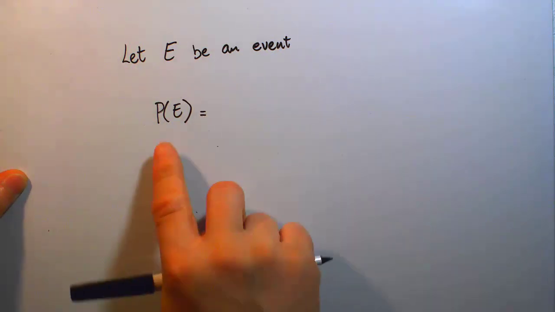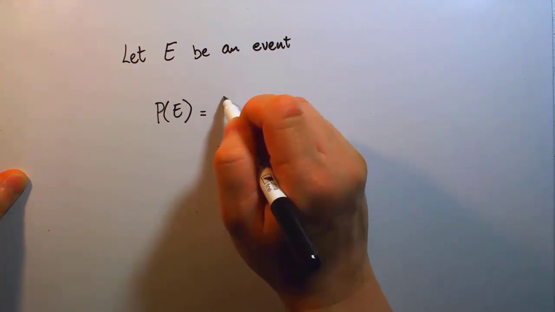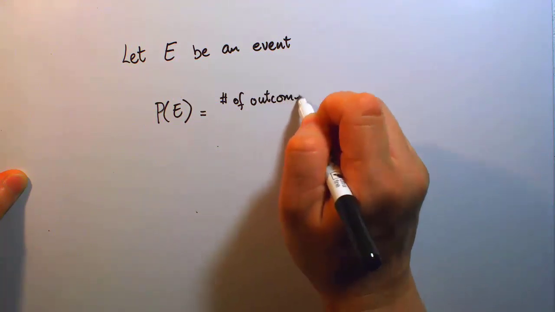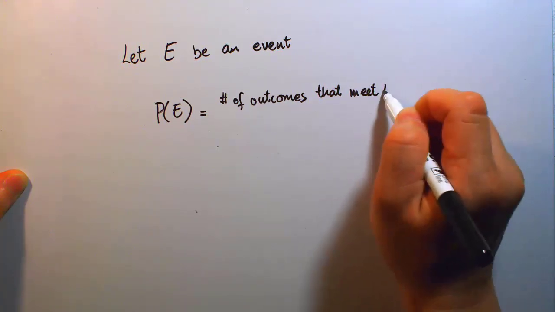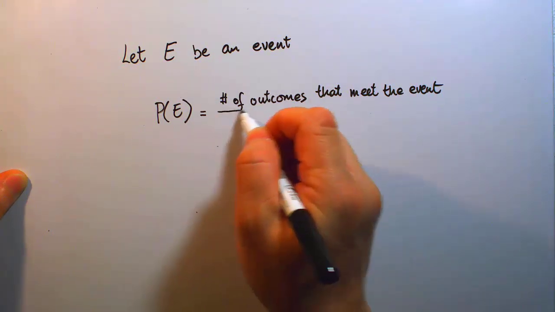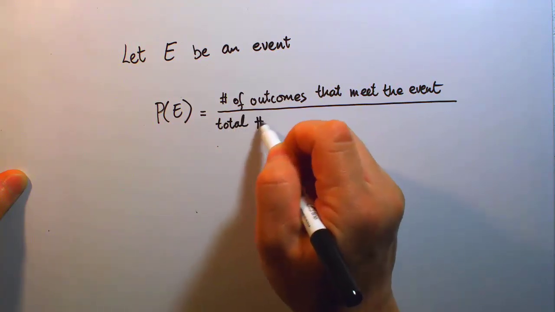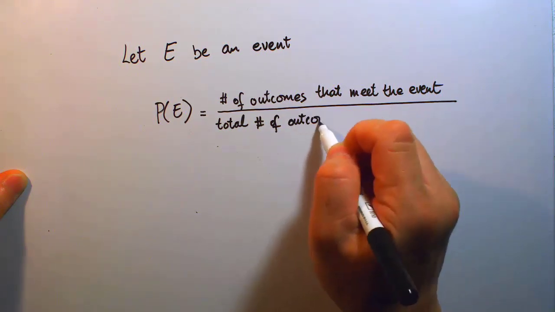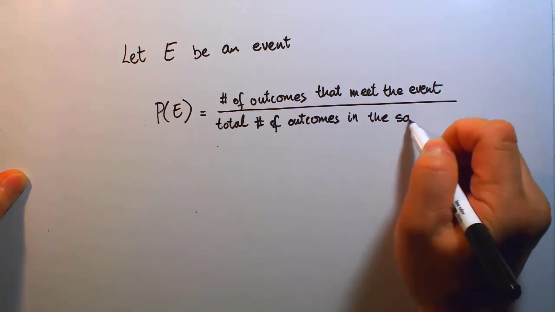So probability of any event is simply equal to the number of outcomes that meet the event, and we're putting that as a fraction over the total number of outcomes in the sample space.